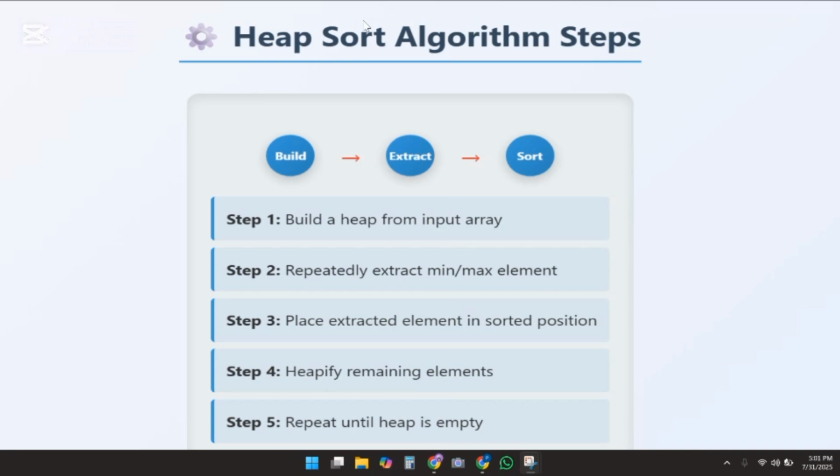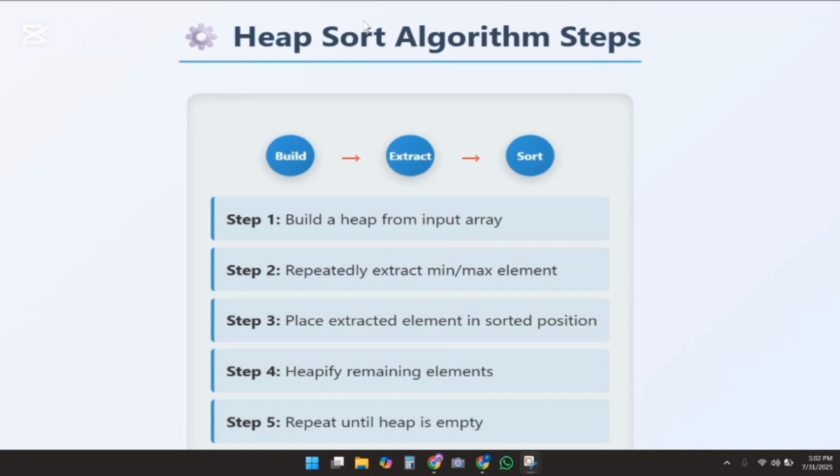That means we put it in the array and keep it at the end. The fourth step is to heapify the remaining elements. That is, we move the last element to the root and adjust the heap again to keep it valid. Then at last, we repeat these steps until the entire list is sorted. This process is what powers our assignment scheduler and makes sure tasks are sorted properly.